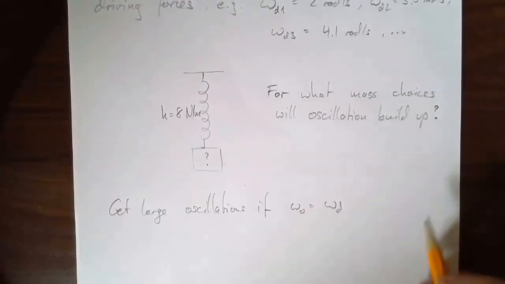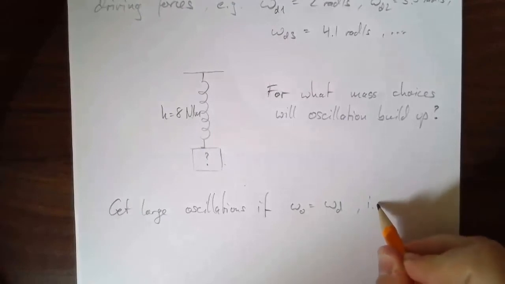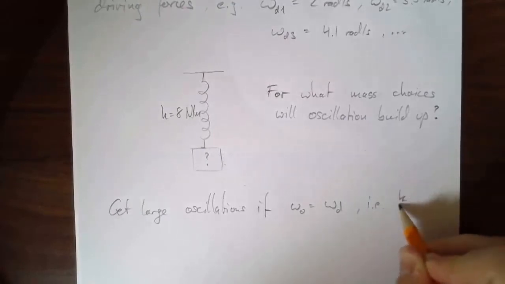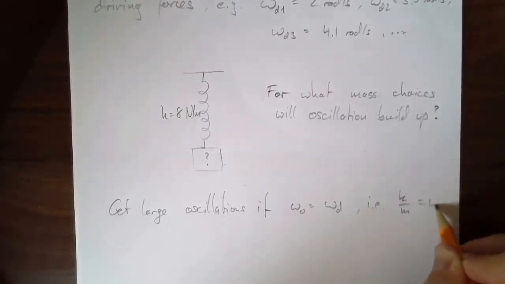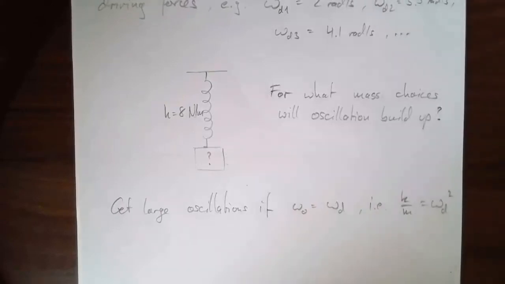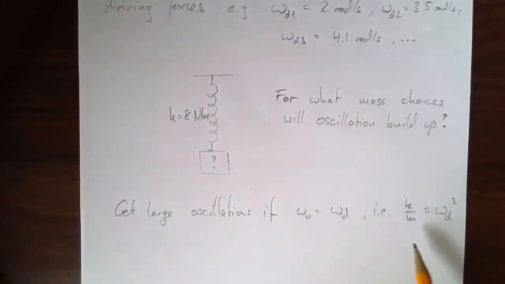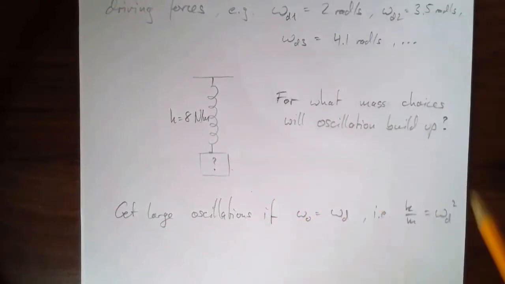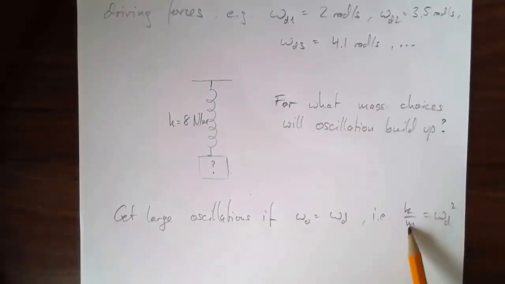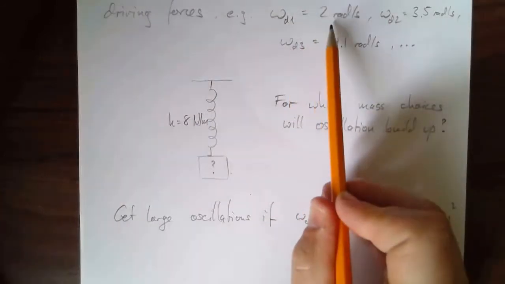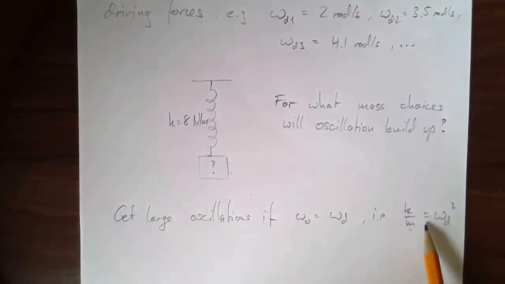Omega naught is the square root of k over m, so i.e. k over m is omega d squared. Right, so those masses that make this one equal to one of those will create large oscillations. Now, if you pick your mass so that you get omega d1, the first one, so k over m is 2 squared, right?